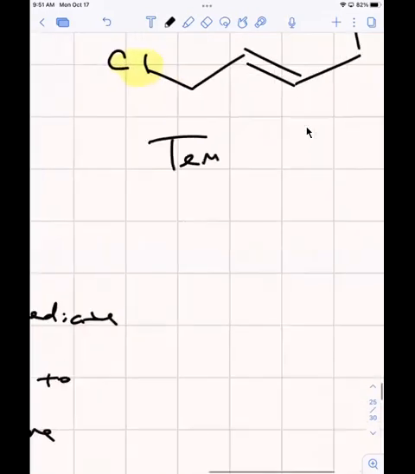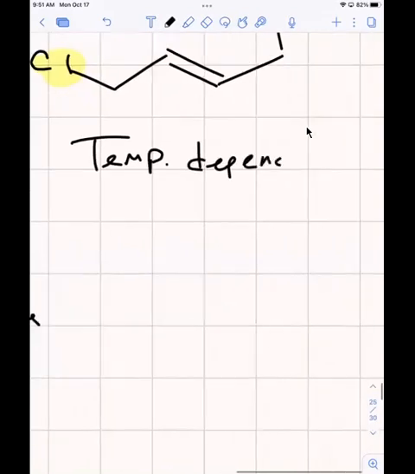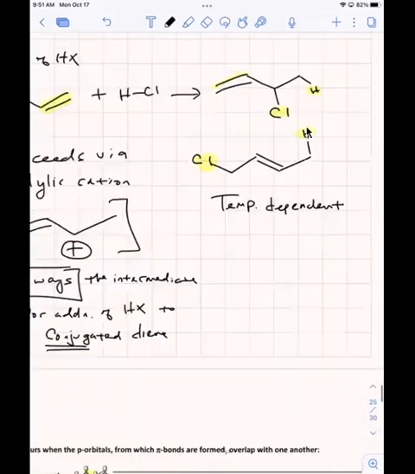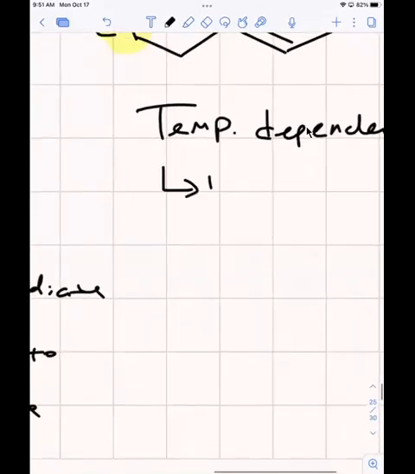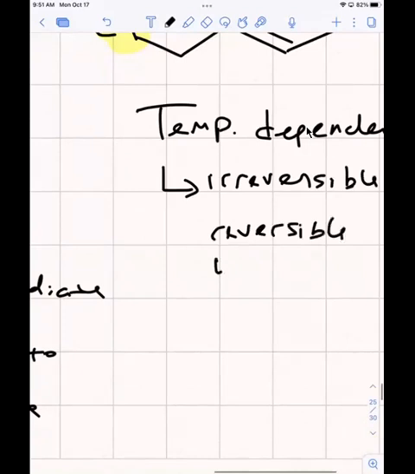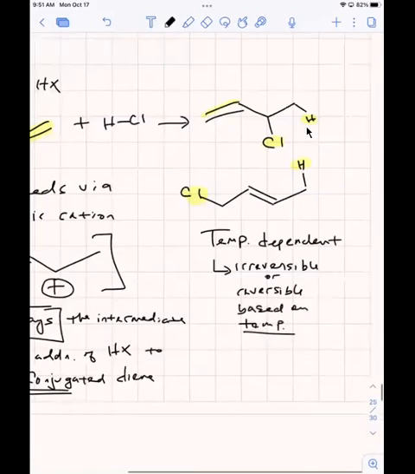But just put here that it's temperature dependent. And you got two pathways. One is irreversible and one is reversible. Right, and all that's based on the temperature.